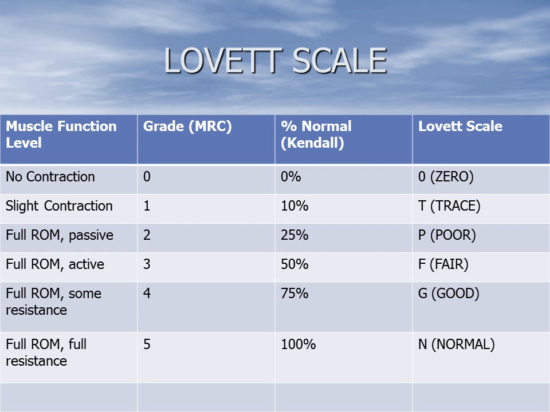The Lovett scale uses letters to describe muscle function, ranging from absolutely no muscle function, meaning a totally paralytic muscle, which is graded numeral 0, all the way up to normal muscle function, which is given a letter grade of N. And grades in between 0 function and normal function would include T for trace function, P for poor function, F for fair function, and G for good function.